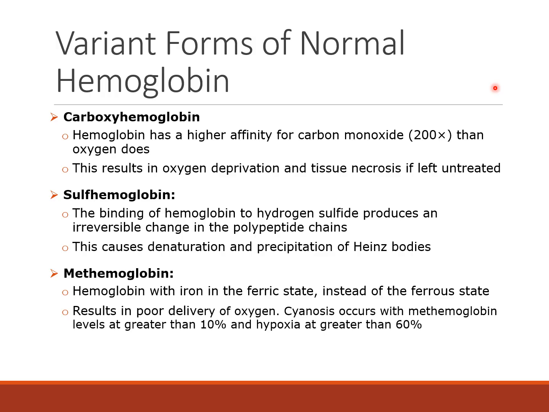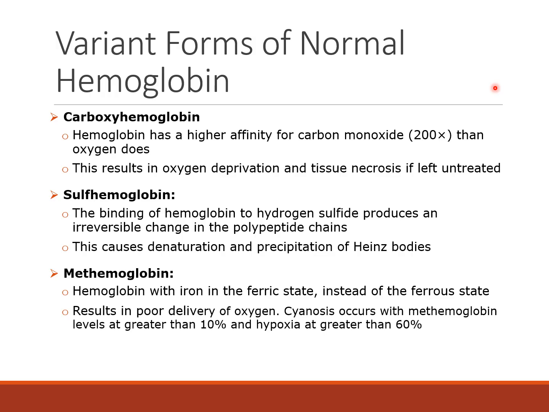Really, it is hemoglobin that has bound to carbon monoxide, and it does so 200 times more tightly than oxygen. And of course, this results in oxygen deprivation and tissue necrosis. It can lead to death. Many people have died of carbon monoxide poisoning. A lot of times they just get a headache to start out with, and then they go to sleep one night and never wake up.